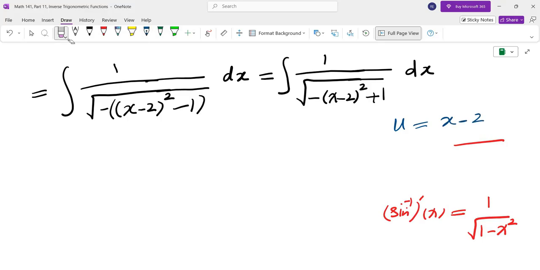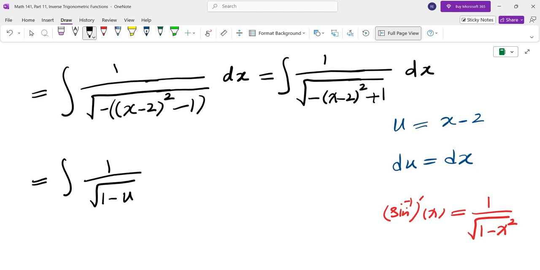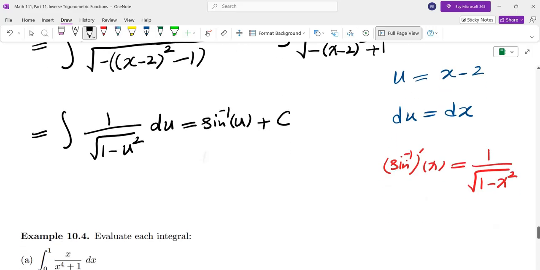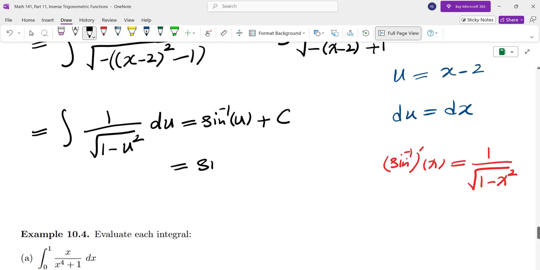What we get is du equals dx, and that gives us the integral of 1 over root of 1 minus u squared du, and that's just sine inverse of u plus c. And then we're going to substitute that back, so this would be sine inverse of (x minus 2) plus c.